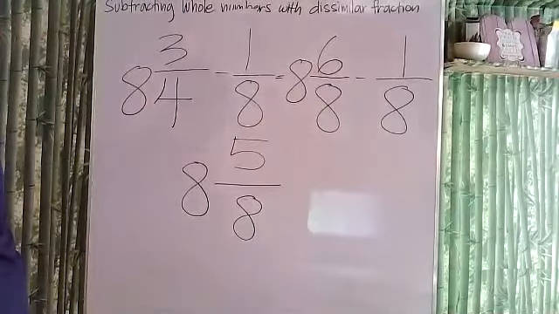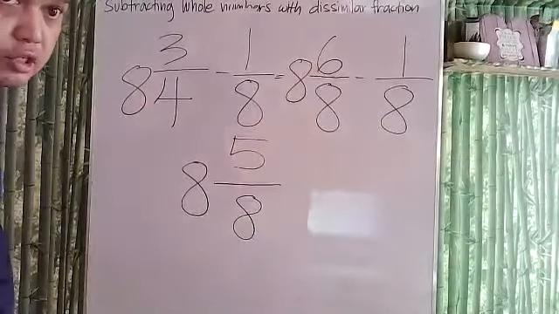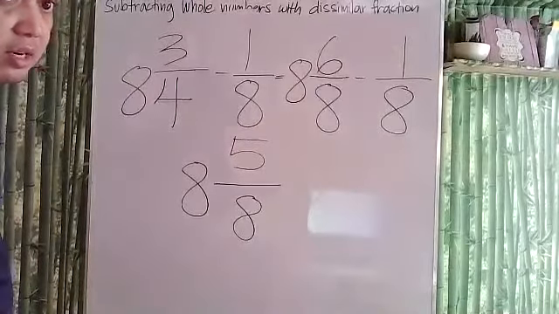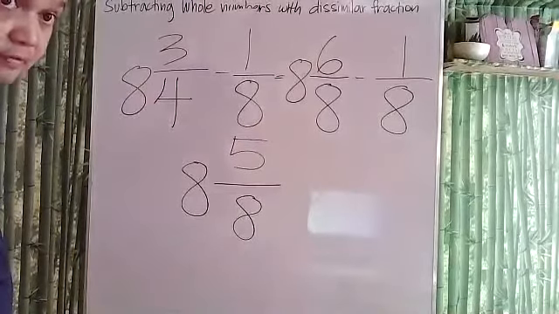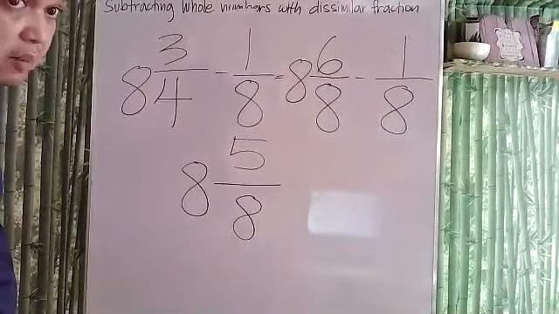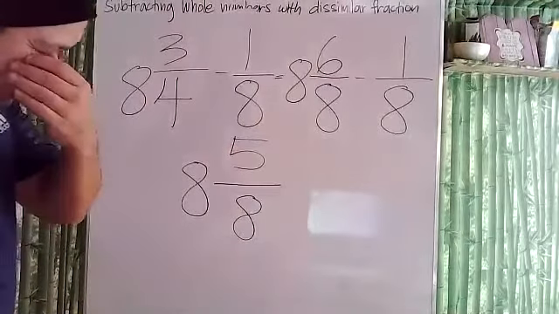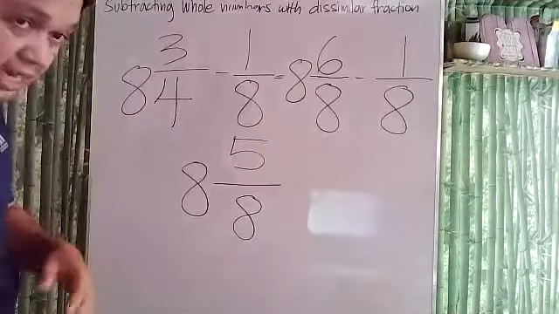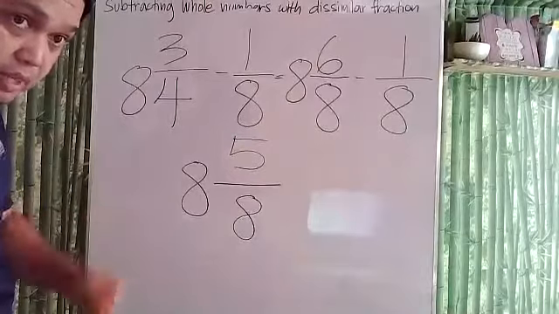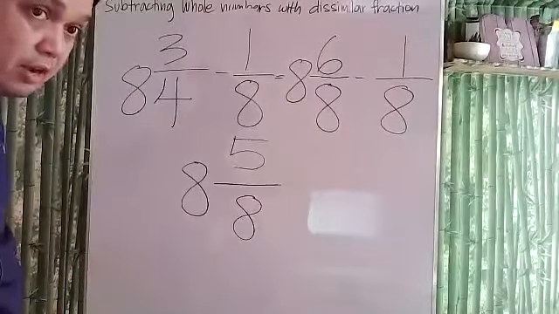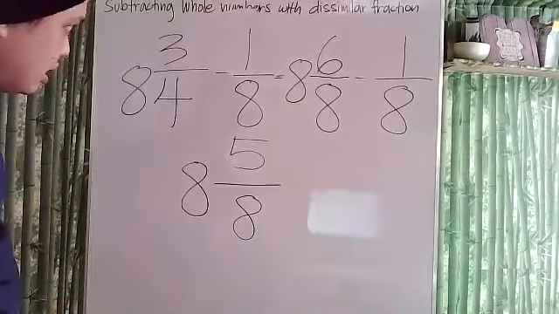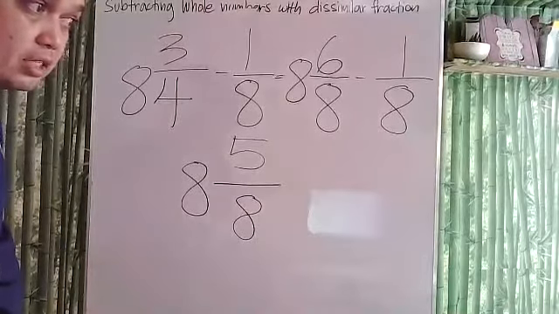So that's how you subtract whole numbers with the dissimilar fraction. So change them first into similar before you can subtract. If the numerator cannot be subtracted, just borrow from the whole number. Okay? So that's it for today. See you next meeting.